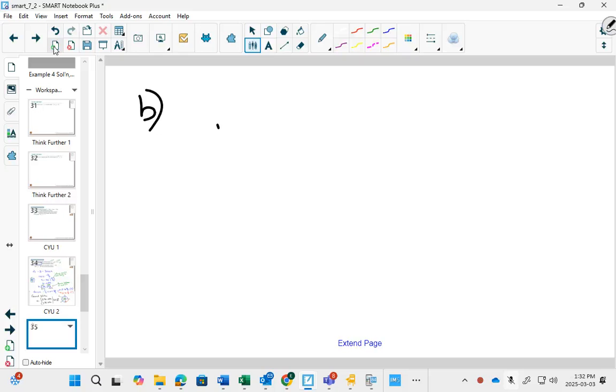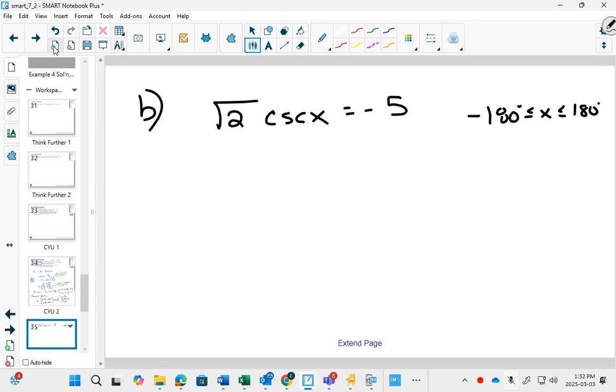It involves cosecant x. And then the domain that they give us is negative 100 degrees less than or equal to x, less than or equal to 180 degrees.